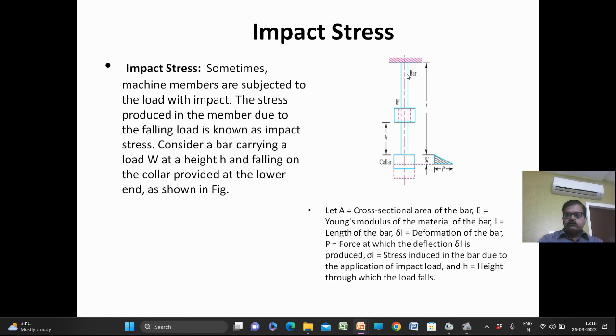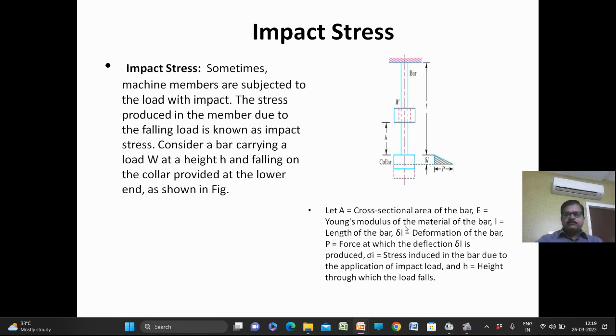Due to this fall of load W through a height of L, the bar is subjected to an elongation delta L. Then the strain experienced by the bar due to this falling load is known as impact stress.